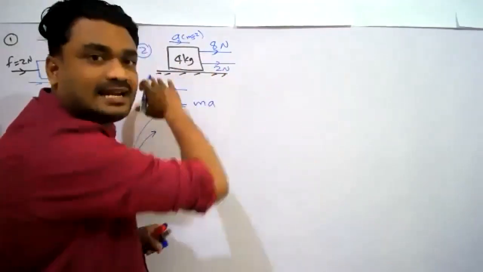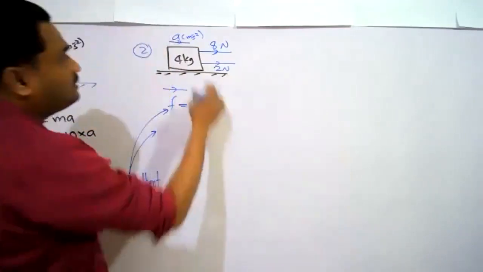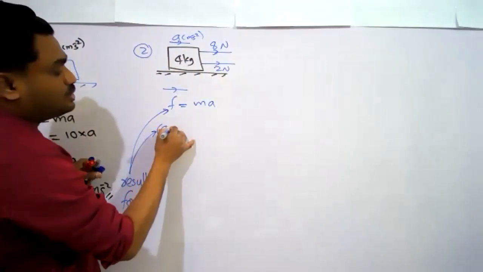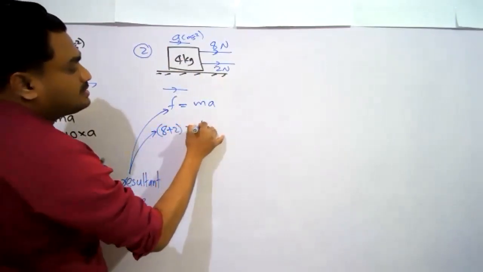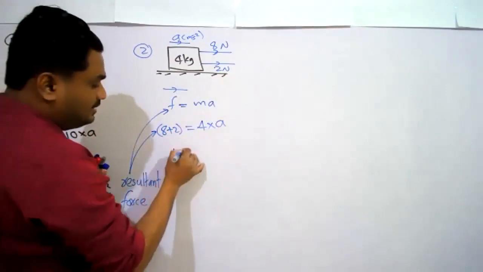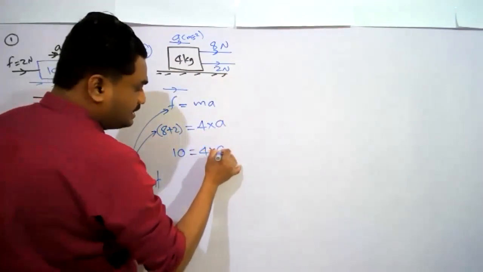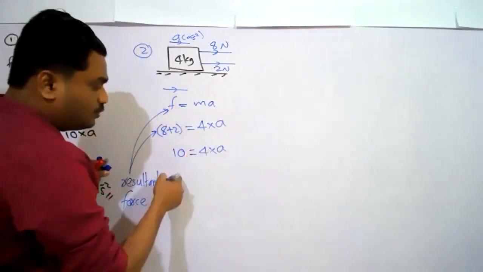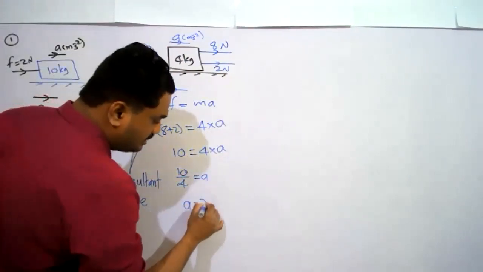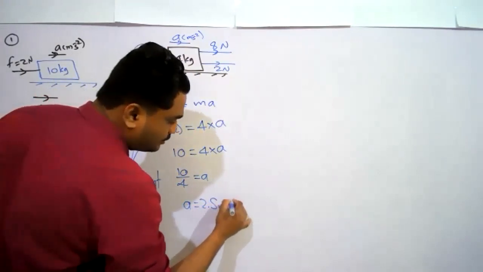Therefore, the resultant force or the total force acting on the object is the summation of the forces. Mass is 4, acceleration is a. 8 plus 2 is 10 equals 4 times a. So 10 divided by 4 equals a. It means a equals 2.5 meter per square second.